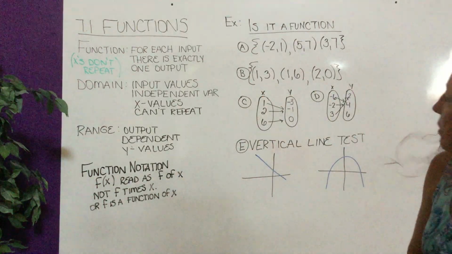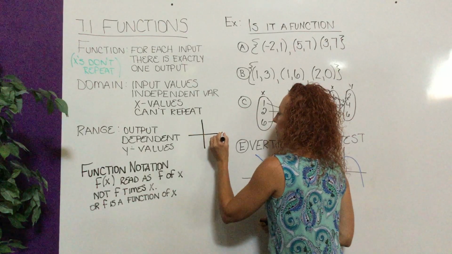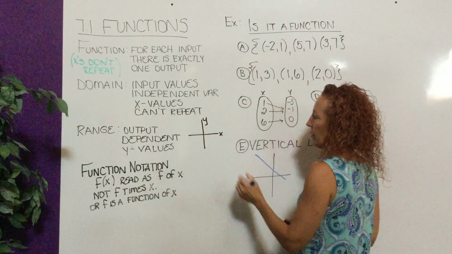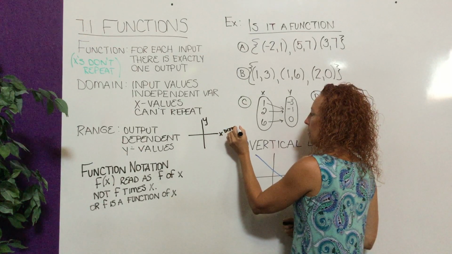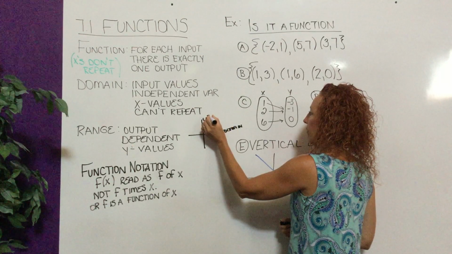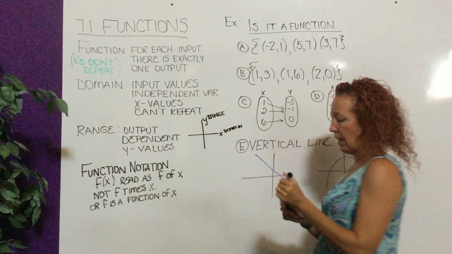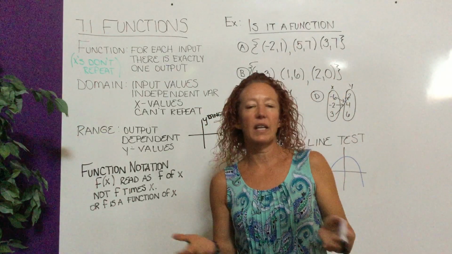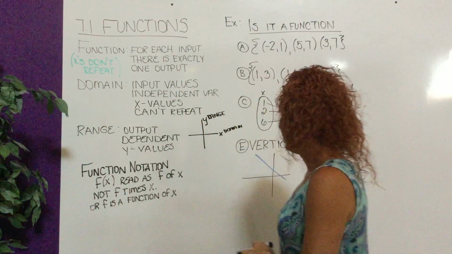So when I am thinking of just a basic xy coordinate plane, the x's are the domain and the y values are the range. And again, in application, it can be any letters. The letter is insignificant, but typically we think of them as x and y.